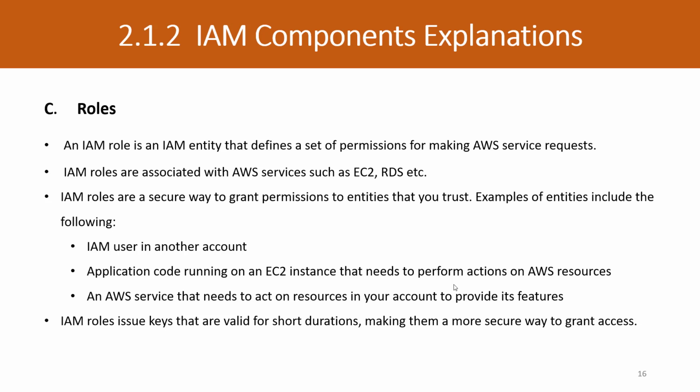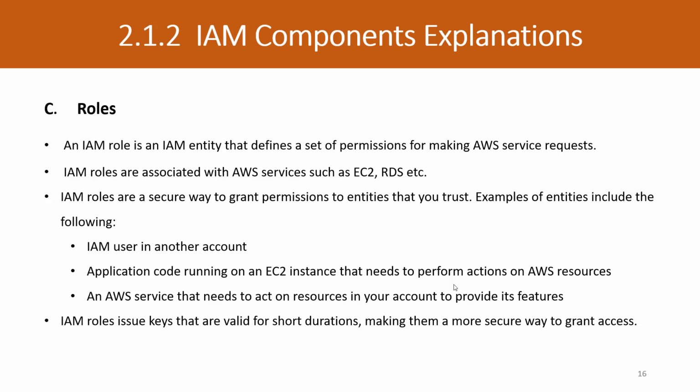Suppose one service wants to access another resource or another service in the AWS environment, how can they access it, what permissions do they have? It can be defined by roles.